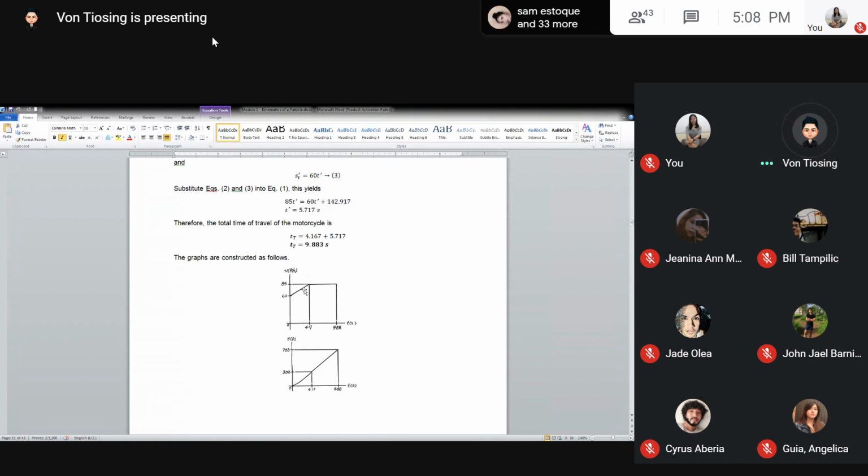Take the area of this portion, which is a trapezoid from 0 to 4.17 seconds. The area of a trapezoid is 1/2 times base 1 plus base 2 times the height. Since it is standing on its side, we have 1/2 times the sum of 60 and 85, times 4.17 seconds.